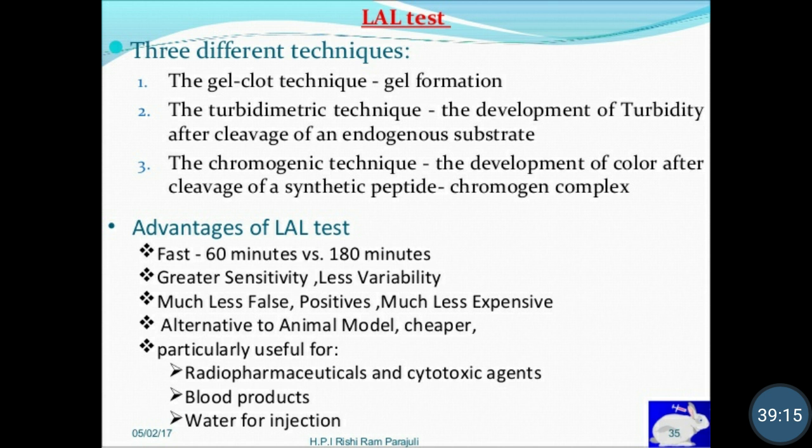Again, if the retesting fails, then one more retesting is done, and if that second retesting fails, then we can say that our particular parenteral preparation is contaminated with pyrogen. So we have to check the source of contamination of that pyrogen.